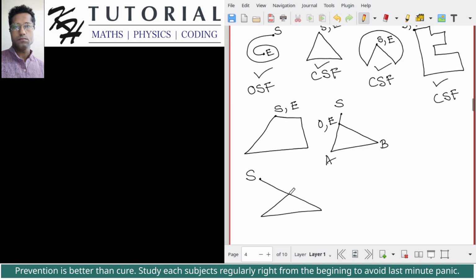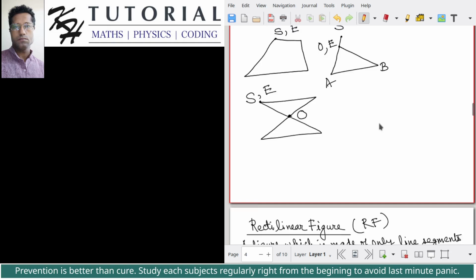As you can see, I ended the figure where the end point is also the starting point, so they coincide. So S and E will never be a point where we say that the figure is intersecting with itself, but at this point O the figure is intersecting with itself. So point O is the point of intersection, meaning the figure intersects at that point itself.